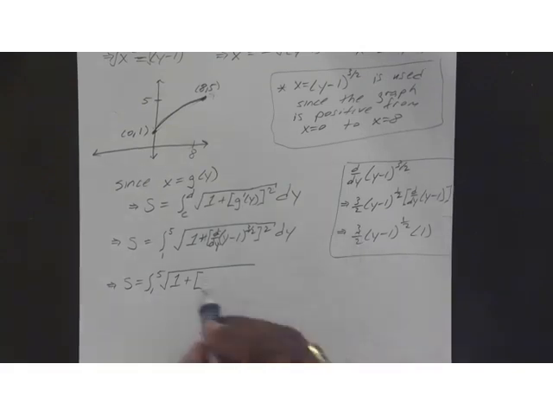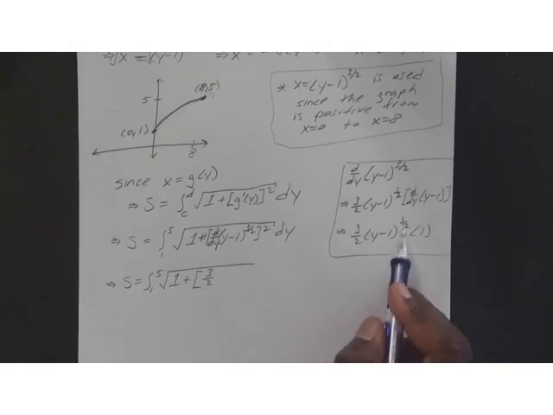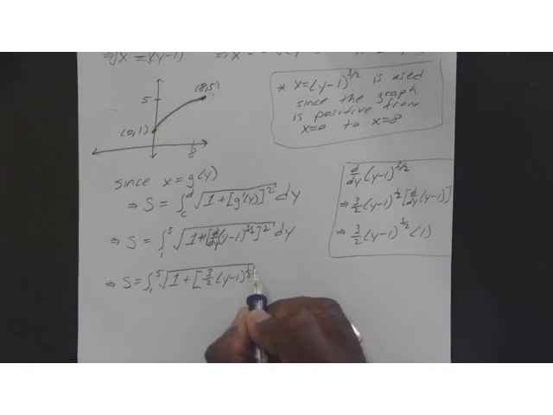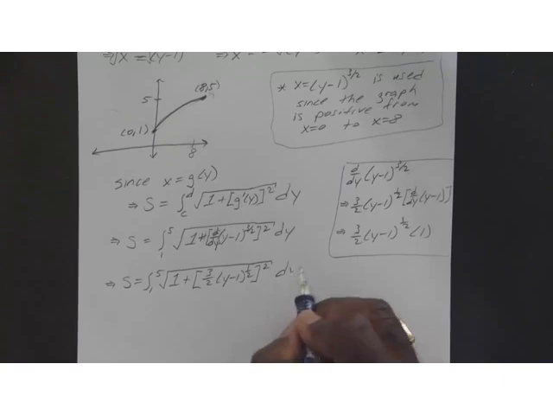So that gives us 3 over 2 times (y minus 1) to the 1/2 power, squared, with respect to y.